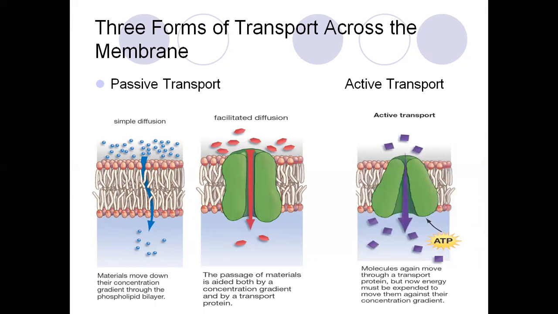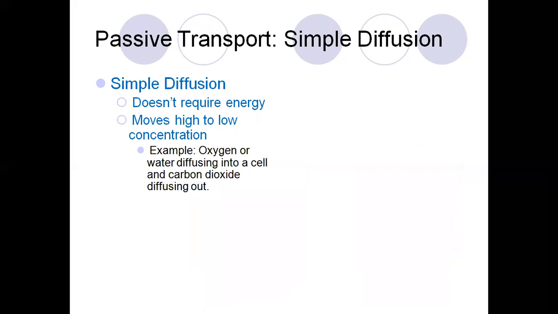In active transport, molecules again move through a transport protein, but now energy must be expended to move them against their concentration gradient. So we can call it active transport.